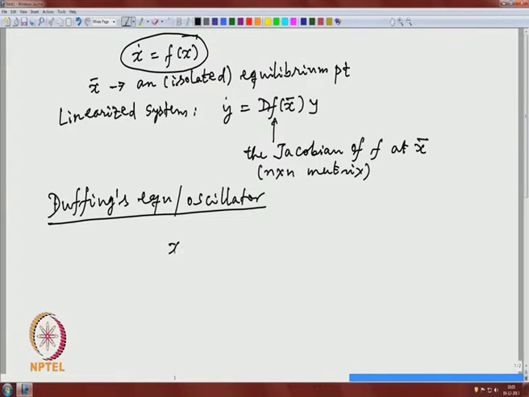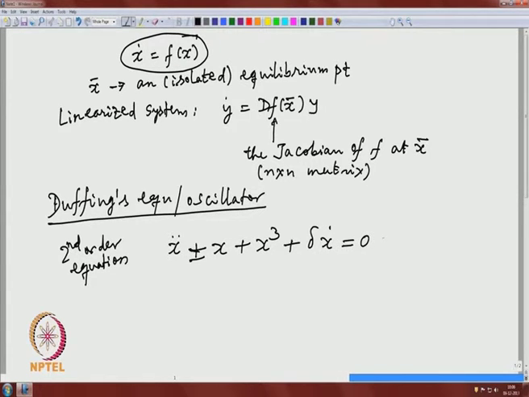This is a second order equation, x double dot plus or minus x plus x cube plus delta x dot is equal to 0, where x is a real valued function and delta is positive.